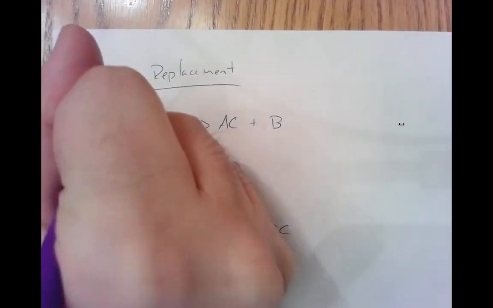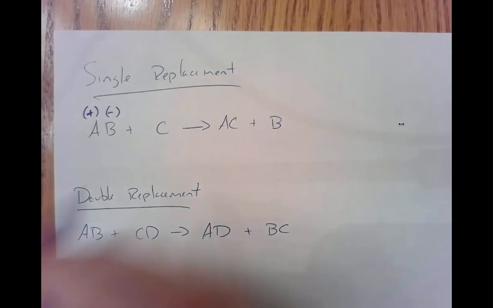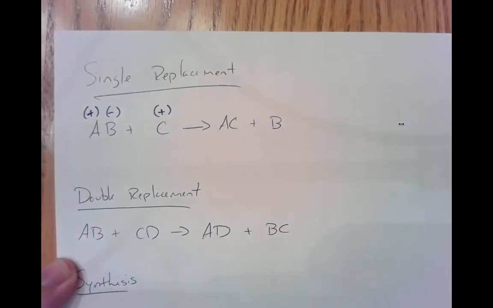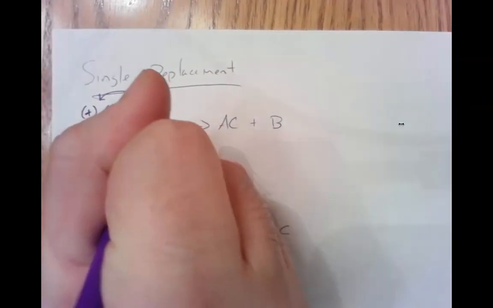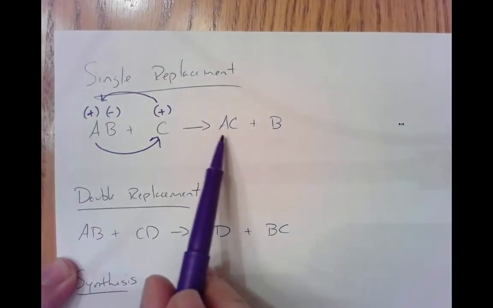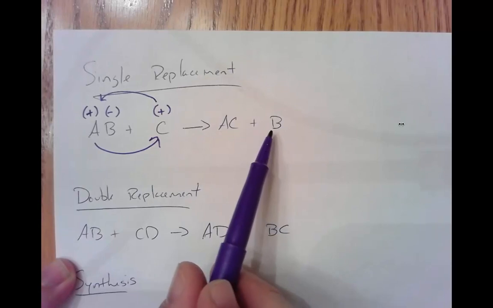The second one is usually negative. Then what we see happen here is this would typically react with another positive ion, and C and A switch places. Then when we look at the product side, we see that A and C are bound together, and now B is separate.